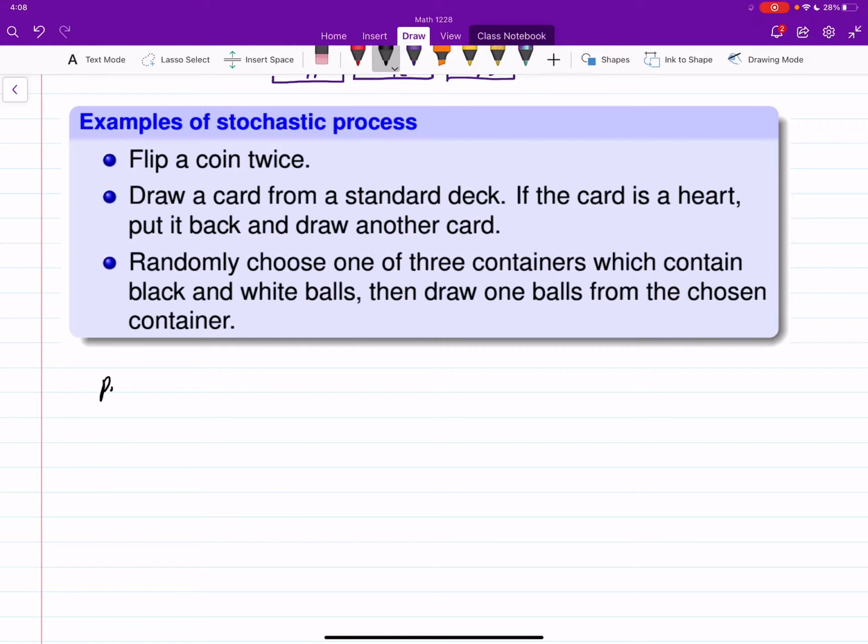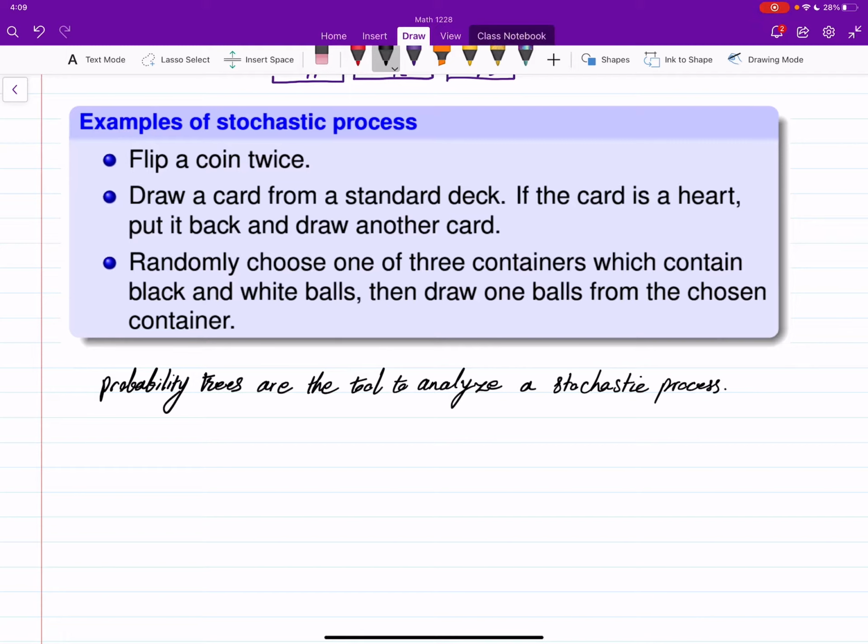So probability trees are the tool to analyze a stochastic process. That's the best tool we have. But what is a probability tree? Okay, so that is the definition.